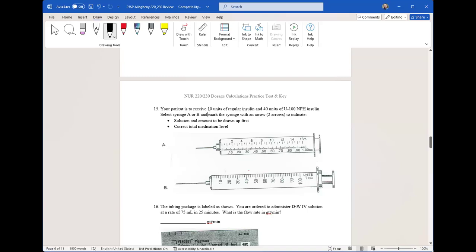They tell you to draw up 10 units of regular and 40 units of NPH, and then they want you to choose the syringe. That's one that students will miss. Then it wants you to mark with two arrows, indicating what you're drawing up first, and then your total.